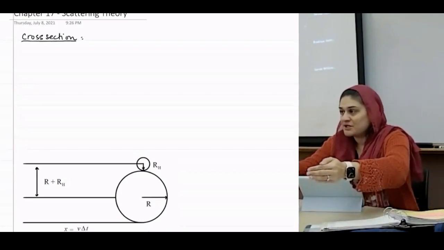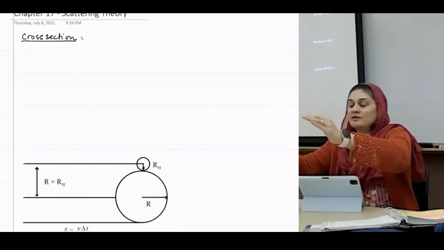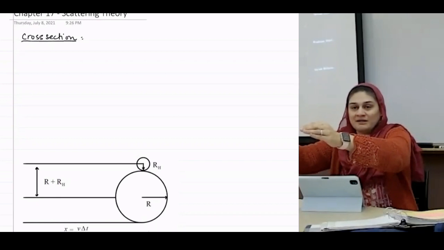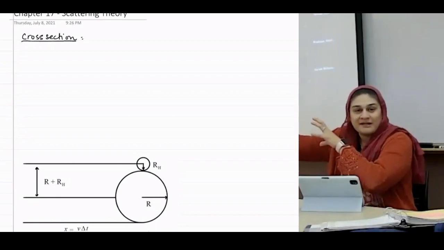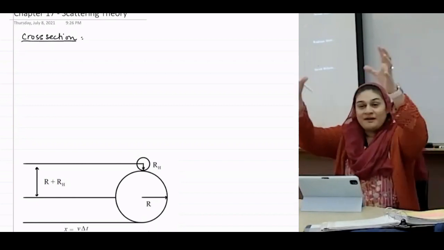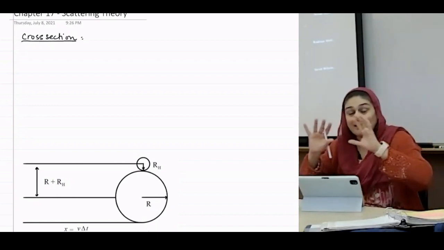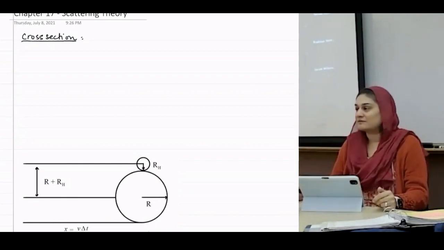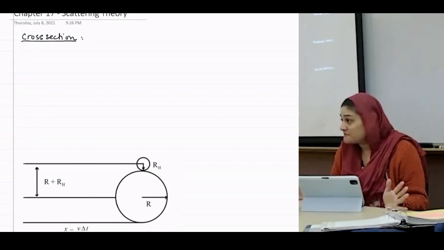Make sense? So for example, in that situation where Zain was going and hitting Amanda, but just imagine one person going and hitting another person. The area that he saw that he could hit is called a cross section. That's it, simply put. Good?